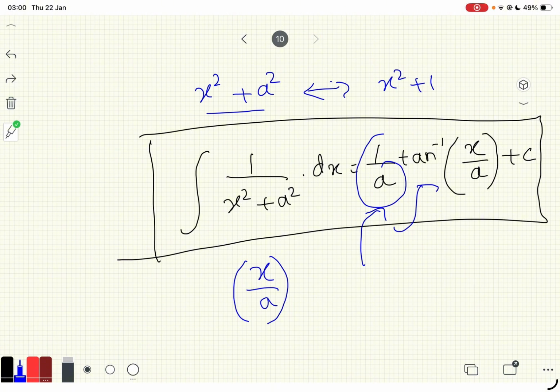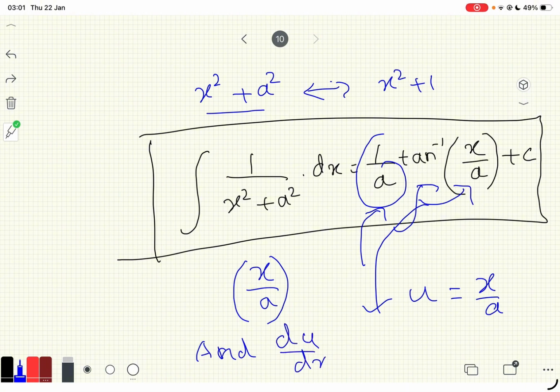Then the inside is u, so u is x over a. If you see the previous video, you can understand. And du over dx, the derivative of u with respect to x, is 1 over a.